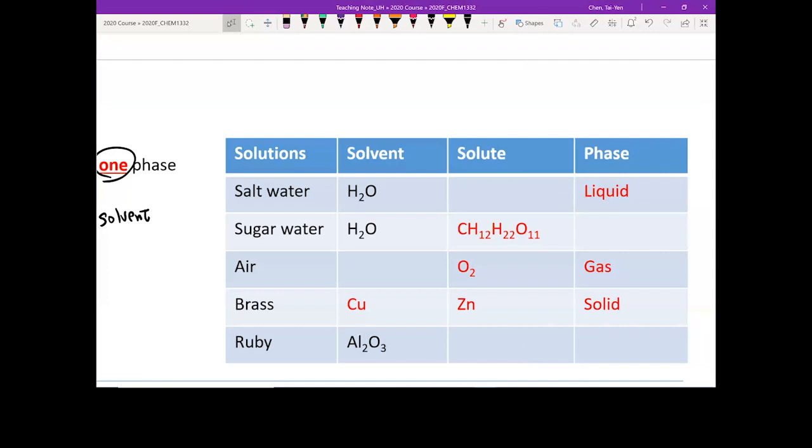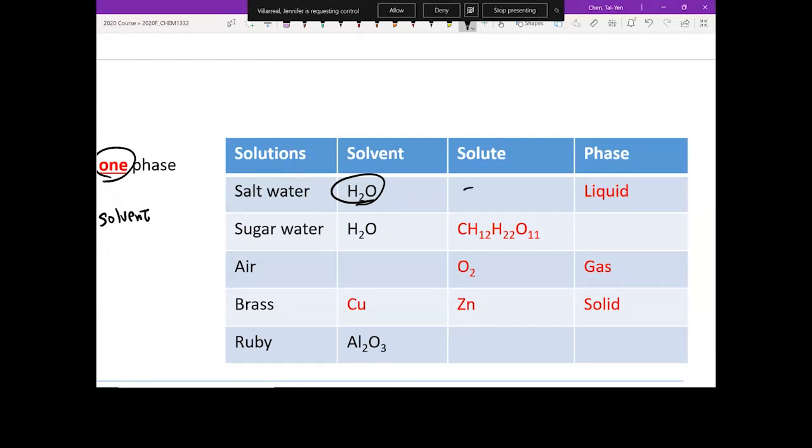Salt water is actually a solution. Inside here we know the solvent will be your water, or H2O, and the solute will simply be your salt. To give you more chemistry flavor, it will be sodium chloride.